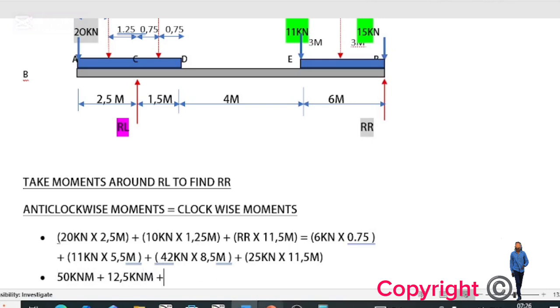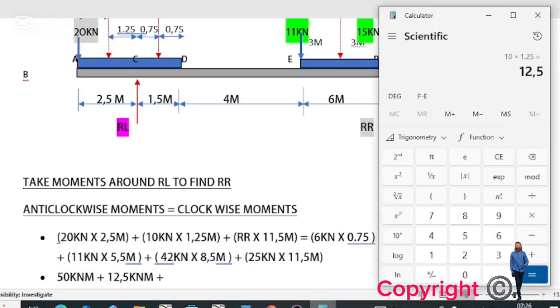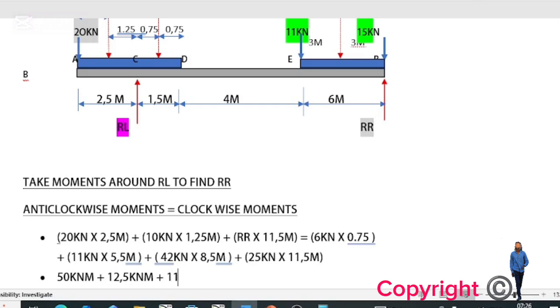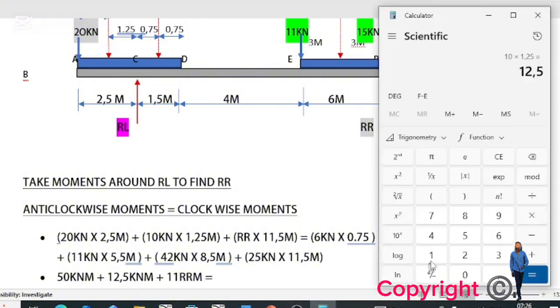Then plus, let me go again to the calculator. We have 11 RRM, which equals, I will say 6 multiplied by 0,75.